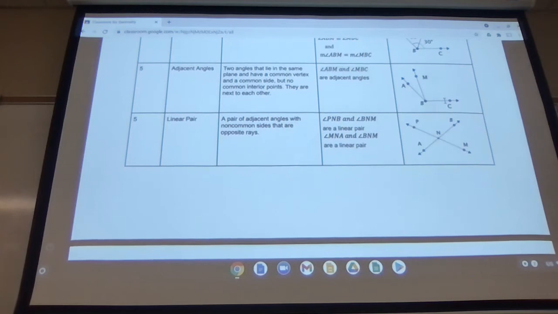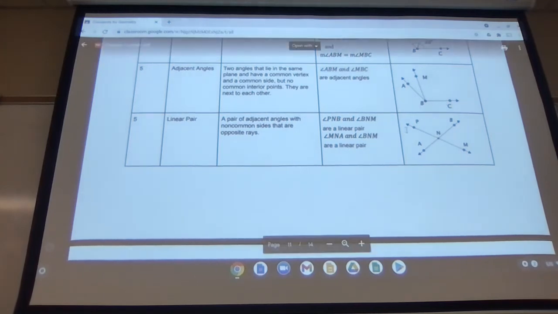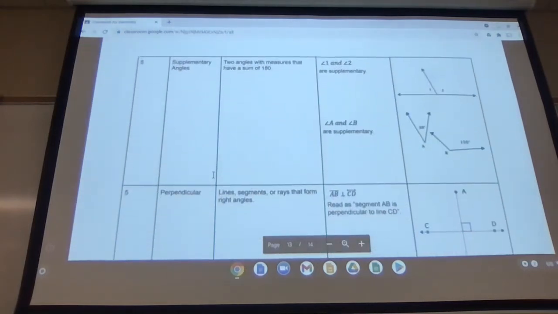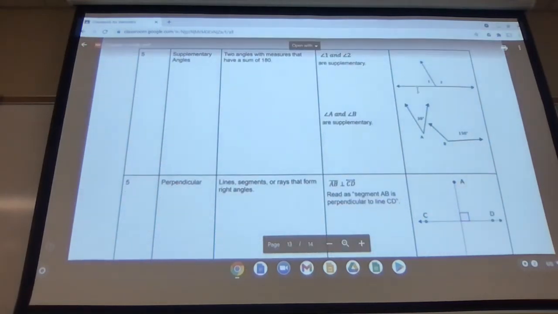Only two words, only two choices. Linear pair, yes. Linear pair is going to form a straight line. So when I come down to supplementary, if they're connected to each other, they'll form a straight line. You could say angles 1 and 2 are supplementary, or you could also say they're a linear pair. That's the same type of thing.